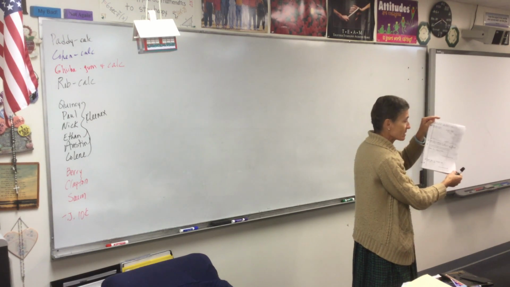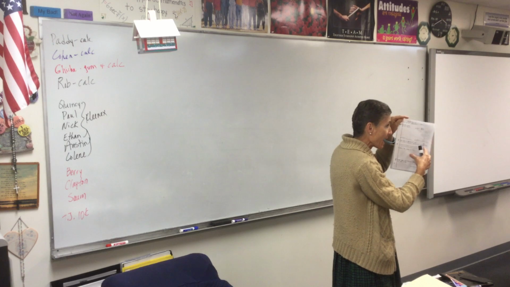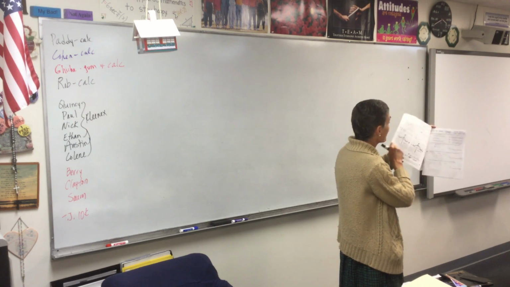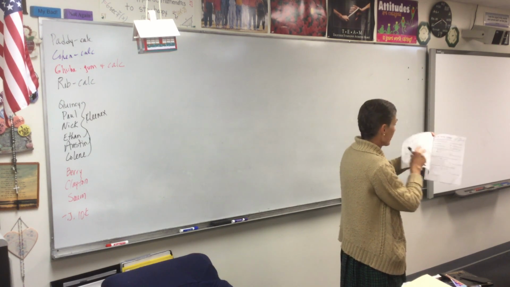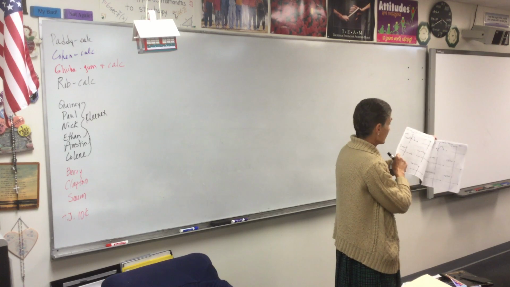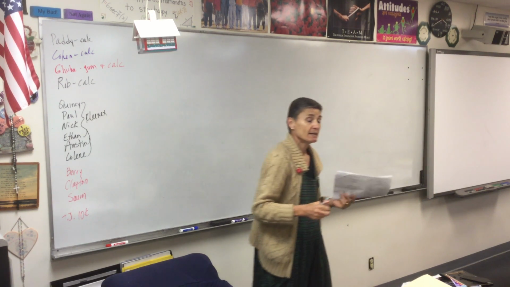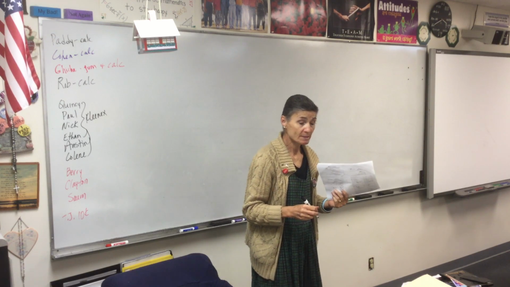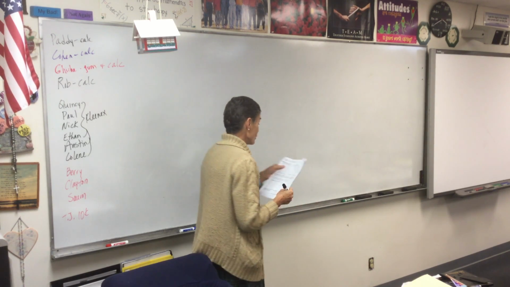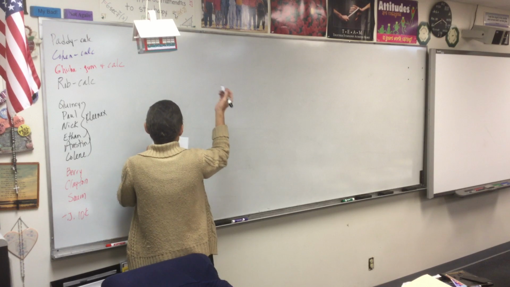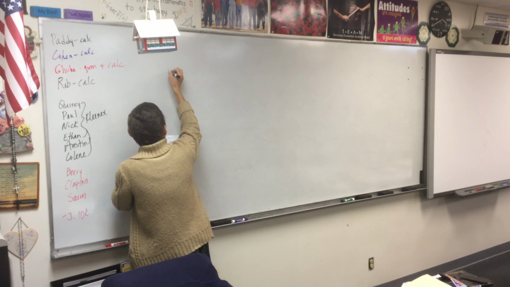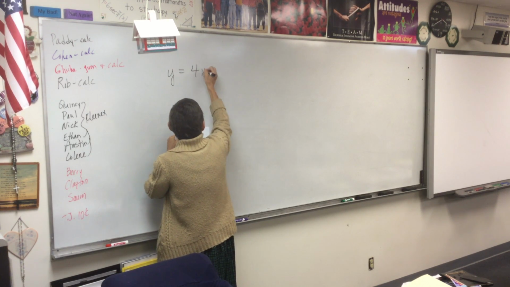So the test you get tomorrow is going to look exactly like practice test 3. Problems are going to be located right where they're located. So we already did page 3, the word problems. So now we will start on page 1 and we'll just work our way through. So here is the first problem.